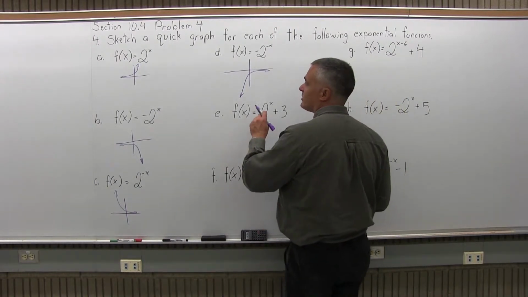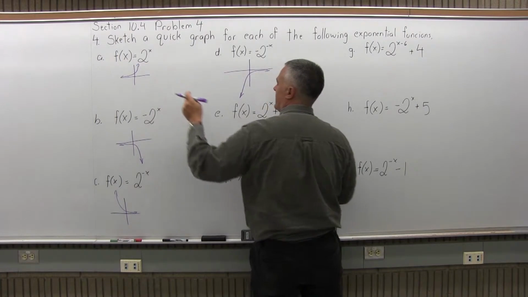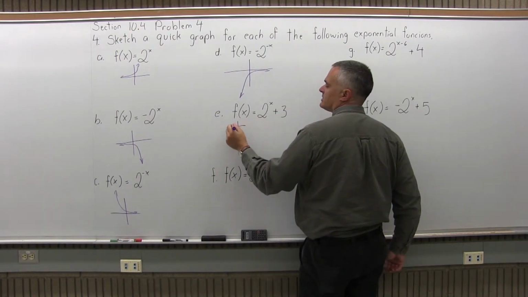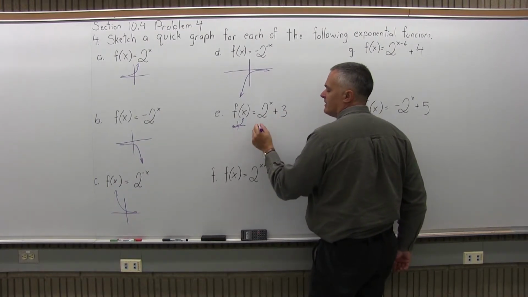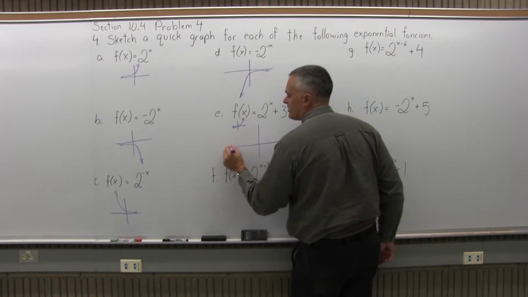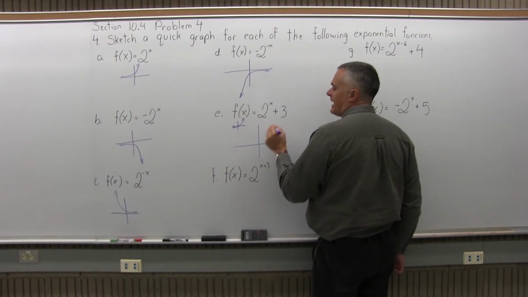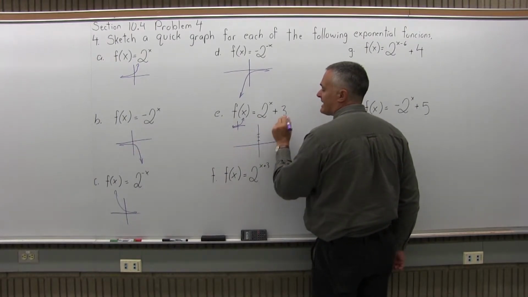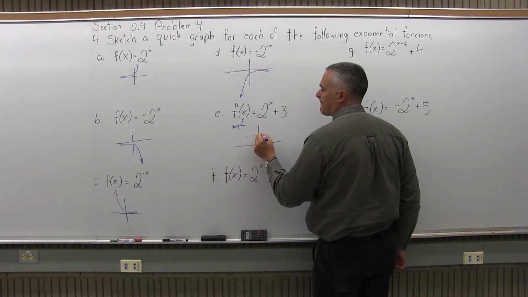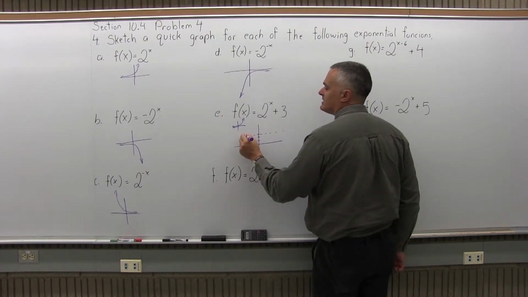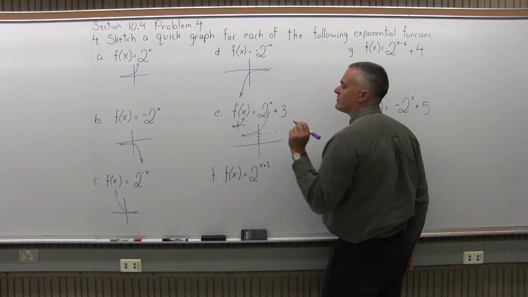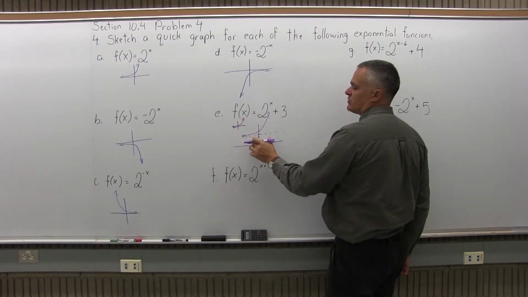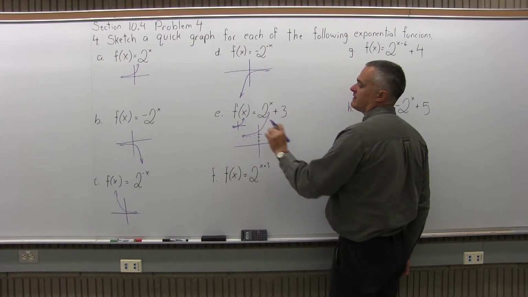It's going to take the regular 2 to the x power that we had in part A, with the big end in the upper right, but it's going to pick up all the outputs by 3. So if you start with your Cartesian coordinate system and have an imaginary x-axis at a height of 3, then it's the same shape, just elevated by 3. The plus 3 on the end just picks everything up by 3.